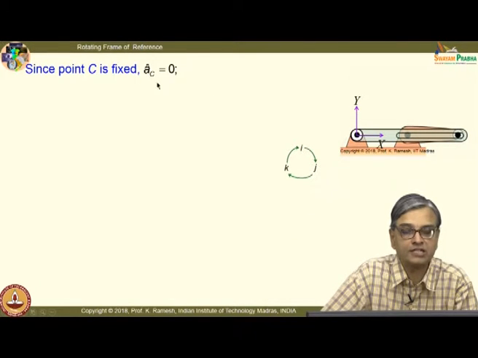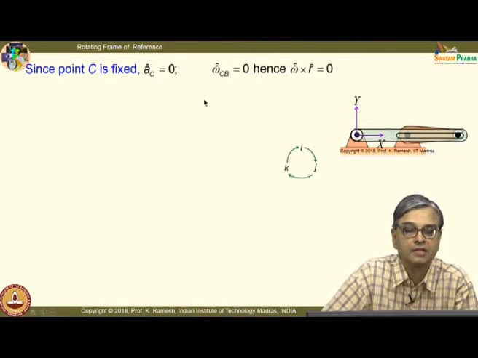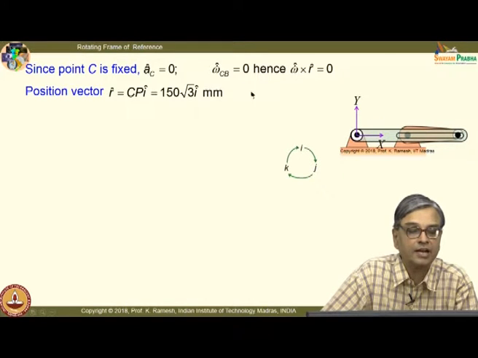And you are conscious that the point C is fixed. So, I have AC is 0, and then I have already discussed we are having a constant angular velocity. So, omega dot CB is 0. So, omega dot cross R is 0, and you have the position vector CP is 150 root 3 i millimeter.